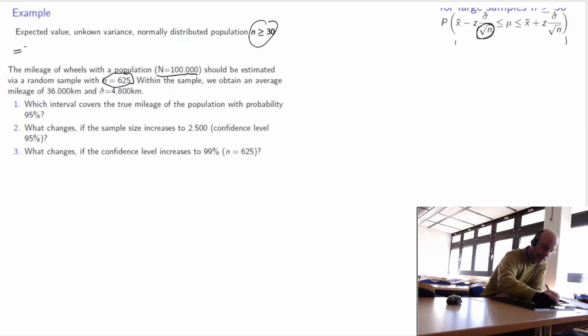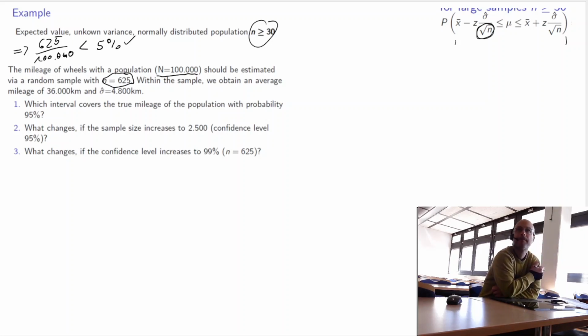Then, of course, we can say 625 over 100,000 is less than 5%. So we can take the standard normal distribution.